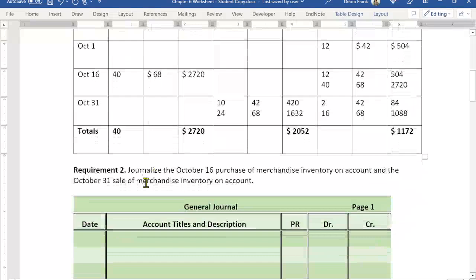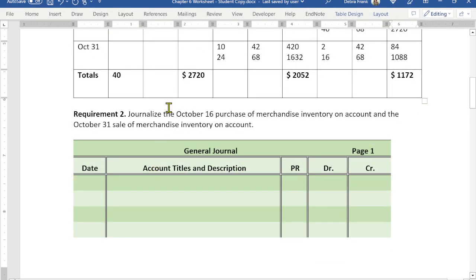All right, so here we are, right to our purchases. Journalize the October 16th purchase of inventory on account and the 31st sale of merchandise inventory on account. So let's first do the purchase. That's October 16th. We got some inventory, so we'll increase our asset of merchandise inventory.